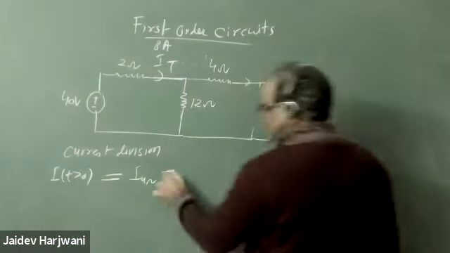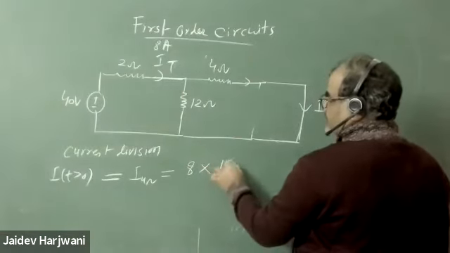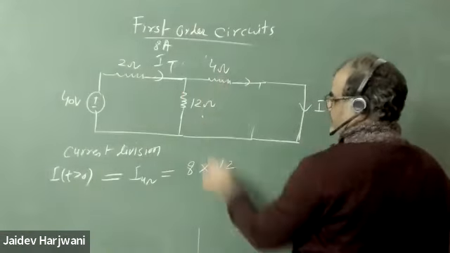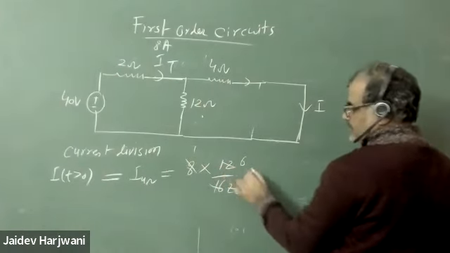So this equals the total current times the opposite resistance over the total resistance, 12 over 16, times 8, which is 6.